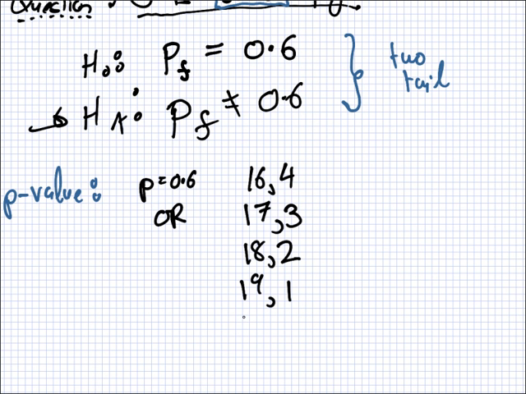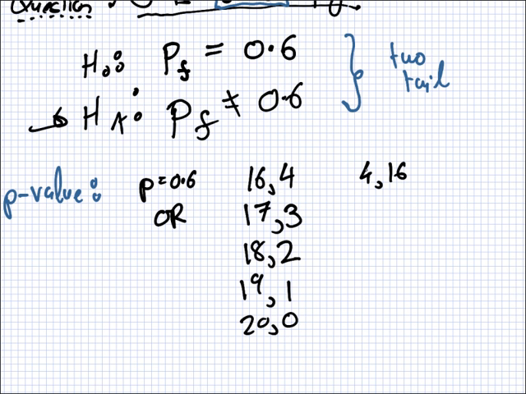And then 20, 0. You could go both ways. Yeah, that's the thing. Now, we have to go the other way, but not quite 15.5. So, the other end is the flip opposite for 16.